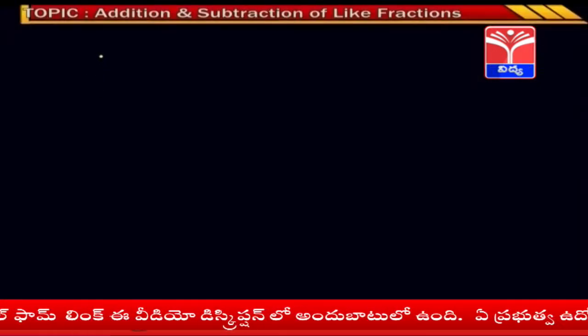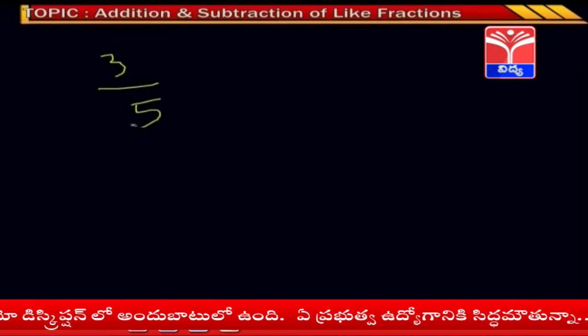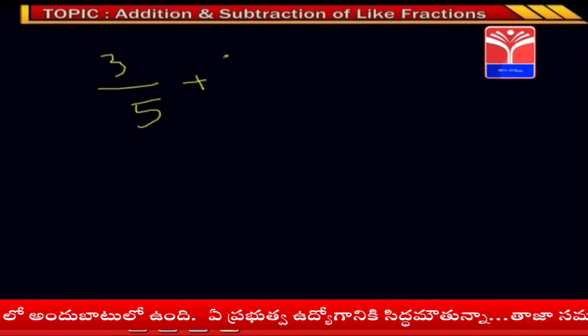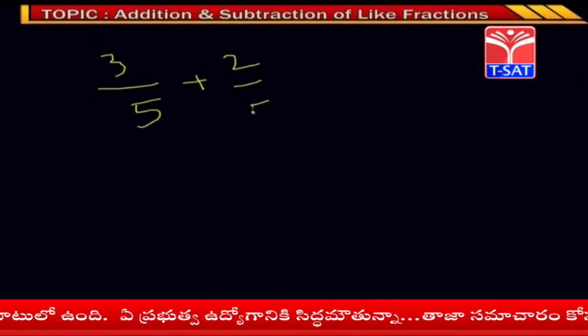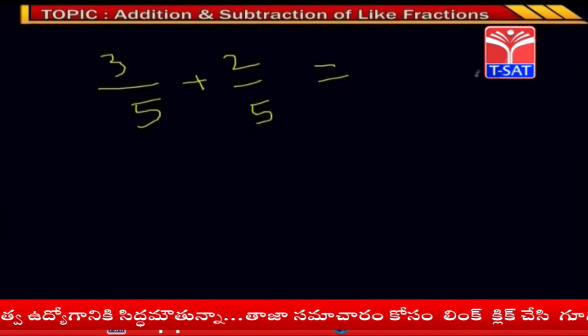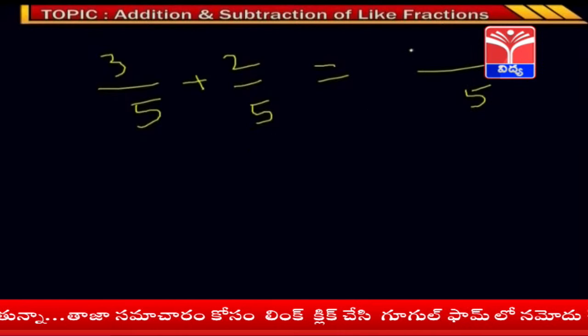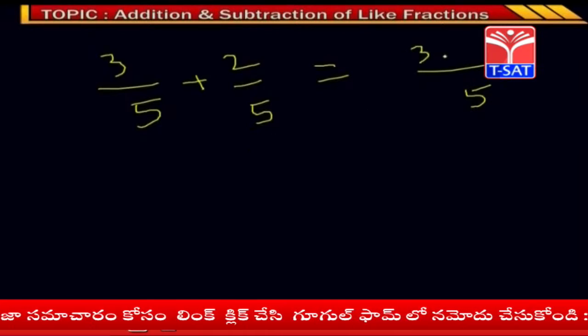See children, when we are adding 3/5 plus 2/5, what will we get? These are like fractions. So when we are adding like fractions, we add the numerators, 3 plus 2.